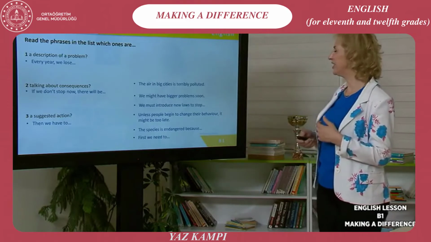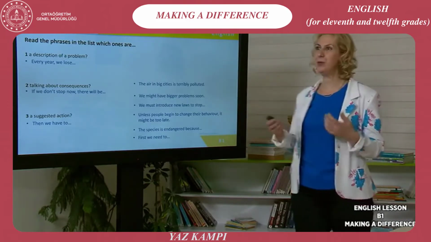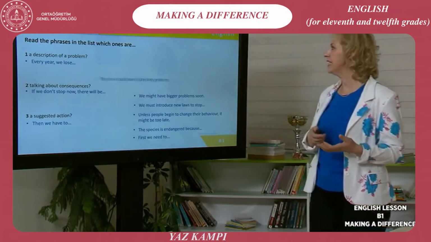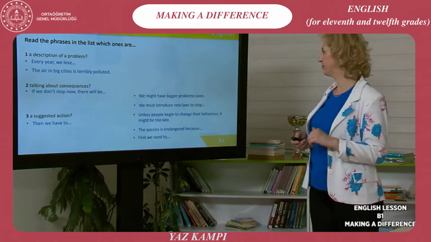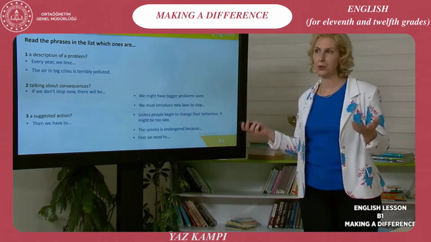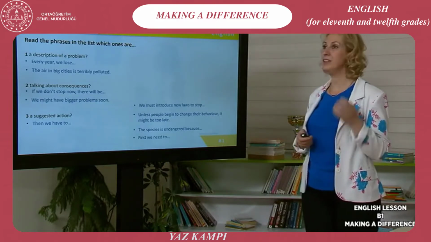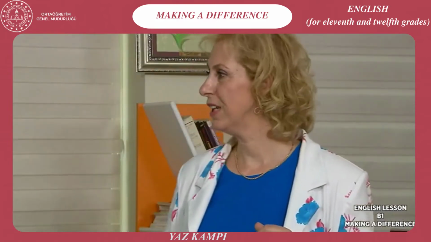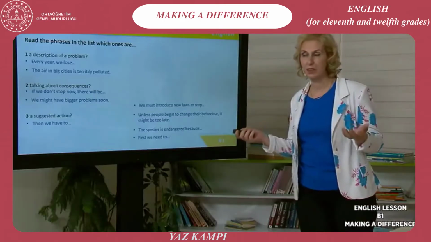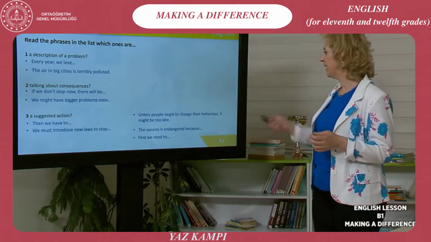Now let's go on with the other phrases. "The air in big cities is terribly polluted." What is this? Yes, this is a description of a problem. "We might have bigger problems soon." What? Yes, this is talking about consequences. "We must introduce new laws to stop." This is, yes, a suggested action.